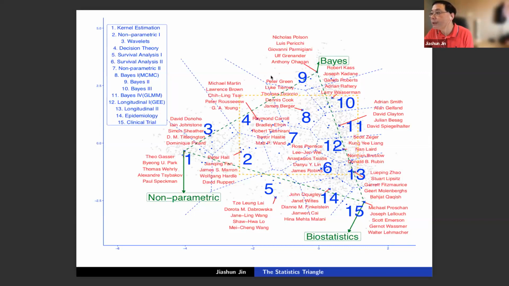Moving down this road is Bayesian computing, where you can see Peter Green, Dennis Cook, Luke Tierney, James Berger. This is already explained. And moving down here is another group of Bayesians, including several of my colleagues like Robert Kass, Joseph Kadane, and Larry Wasserman.